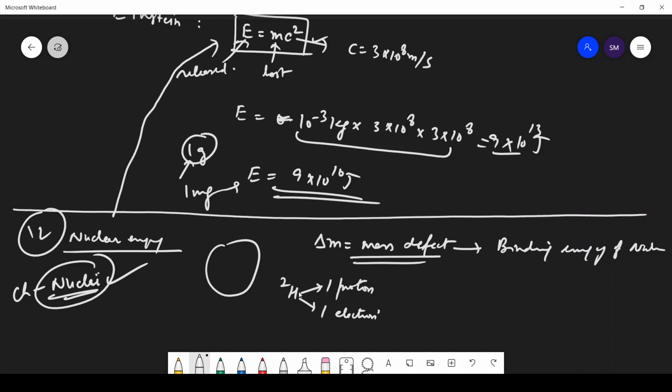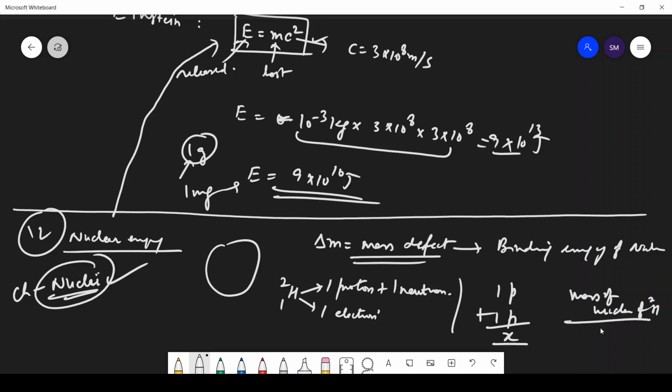And suppose we have deuterium whose mass number is 2, so we have 1 more neutron. So take the mass of 1 isolated proton and the mass of 1 neutron, and suppose that sum is x. Now the mass of the nucleus of deuterium hydrogen is y. Obviously these two are supposed to be the same, but this is lesser.